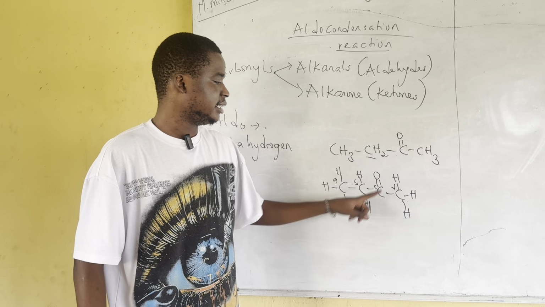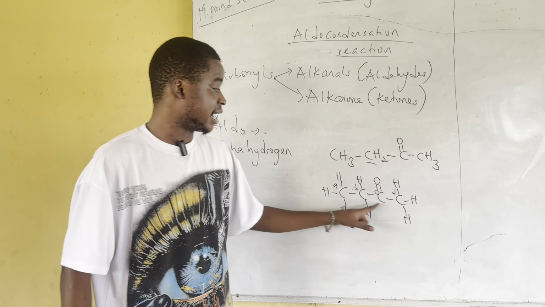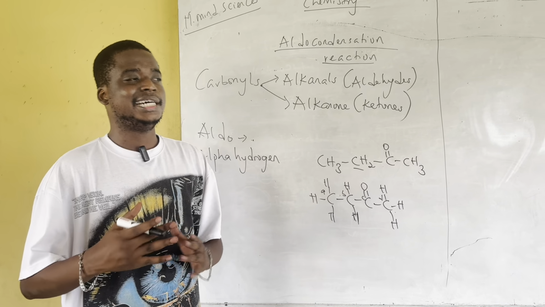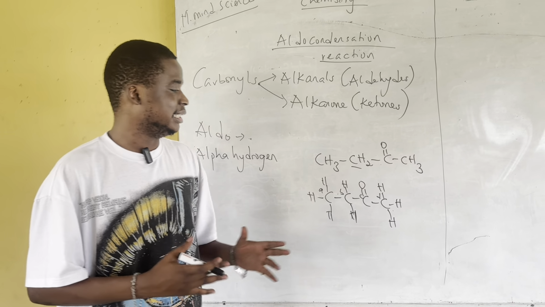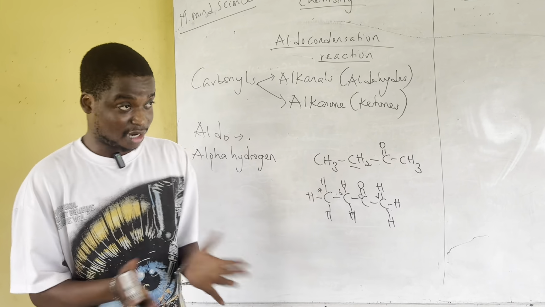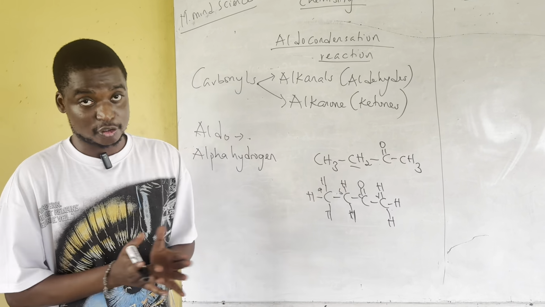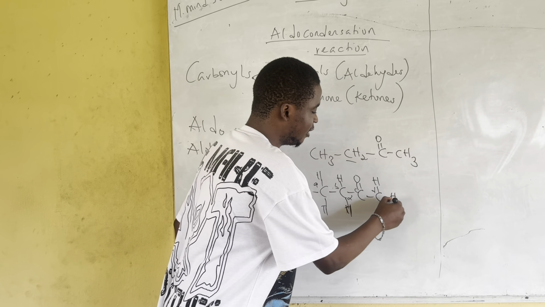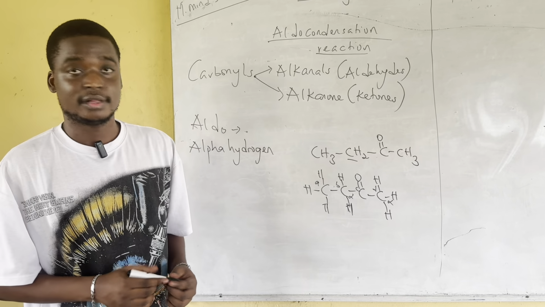Carbon C is connected to carbon B and carbon D. Any carbon that is connected to the carbon that bears the C=O group, in an aldehyde or ketone, is called an alpha carbon. So in this structure, carbon B is an alpha carbon, and carbon D is also an alpha carbon.